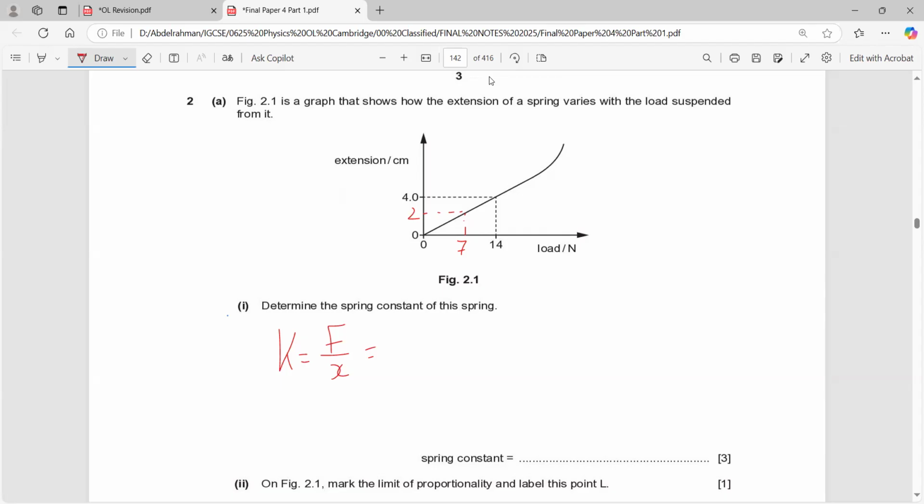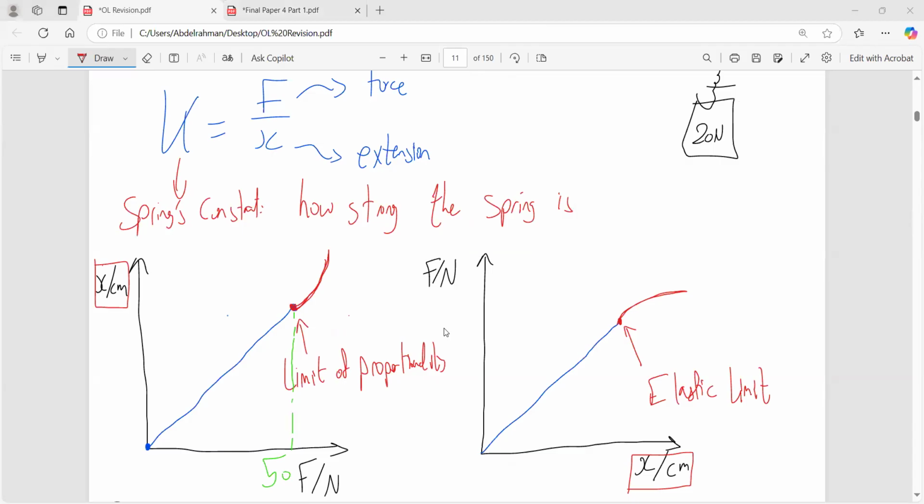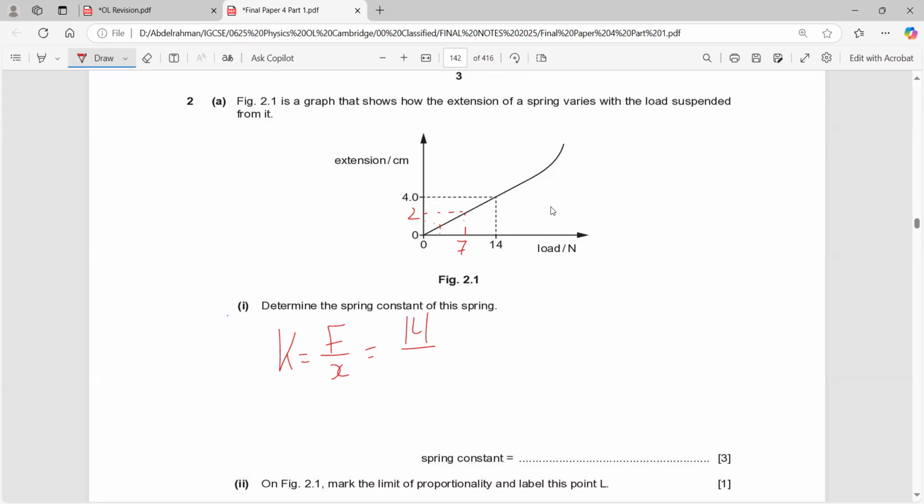It would be equal if you take, for example, 1 and whatever number is with 1, or 3 and whatever number is with 3. When we say directly proportional, the ratio is constant. F over X, so 14 over 4, which is 3.5.